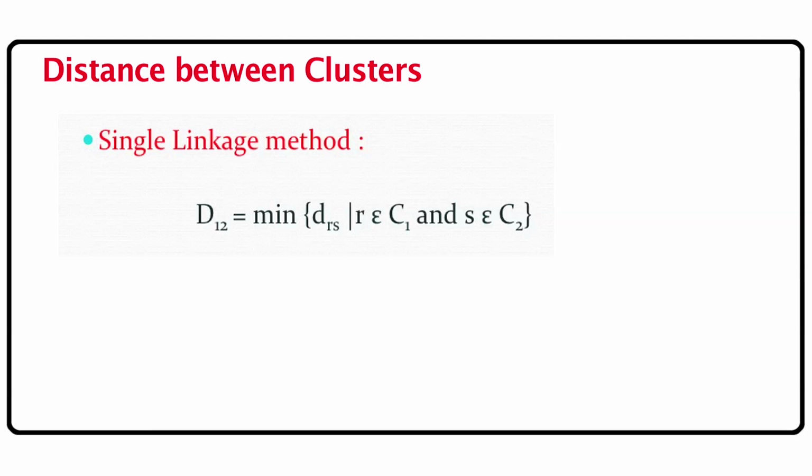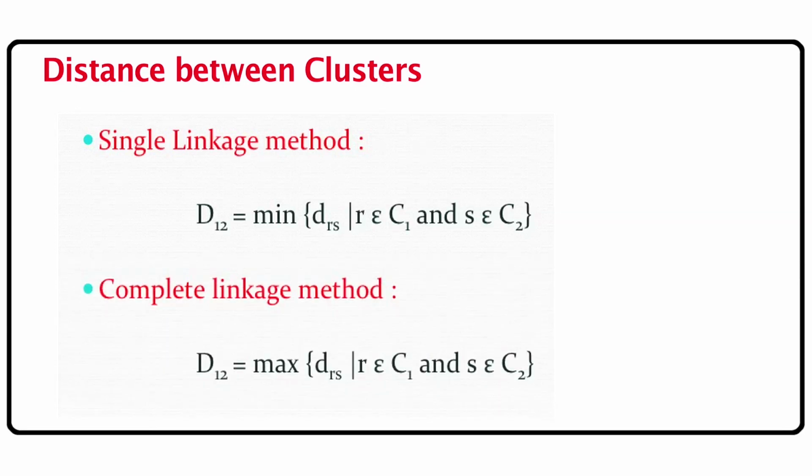As opposed to this, we have what is referred to as the complete linkage method. In this case, we look at the maximum distance between the individuals in the two groups. So again, we look at all the individuals from the first group and the individuals from the second group, look at the distances between them, and then take the maximum of these distances as a measure of the cluster distance.